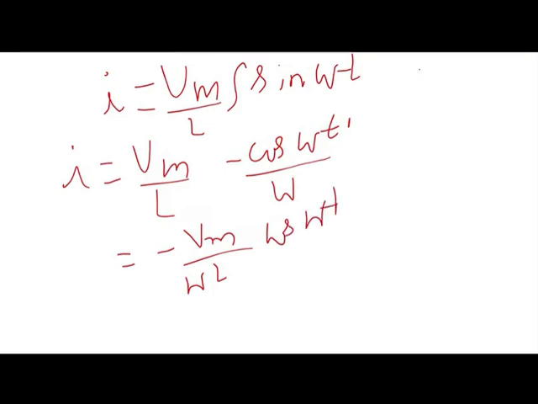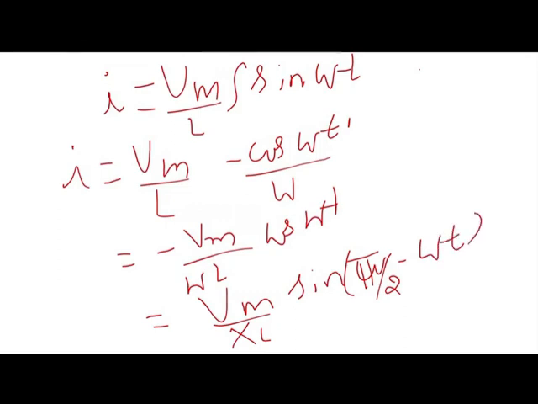So this will become Vm by XL, the inductive reactance, where XL is given by omega L. Cos omega t in terms of sine, because the voltage is in terms of sine, that's why we want to represent current also in terms of sine. So this can be written as sine of pi by 2 minus omega t. This minus sign is there.